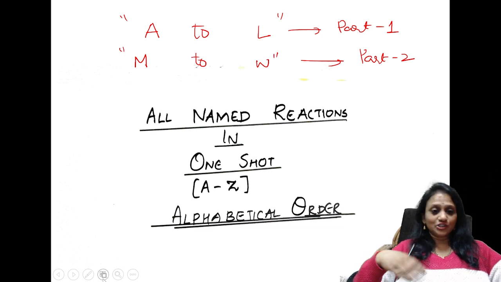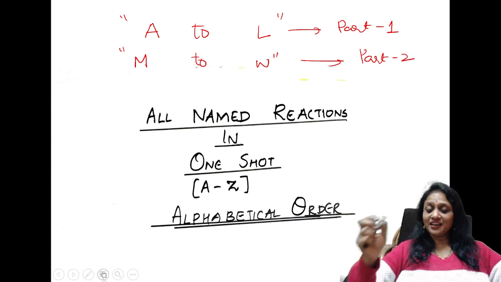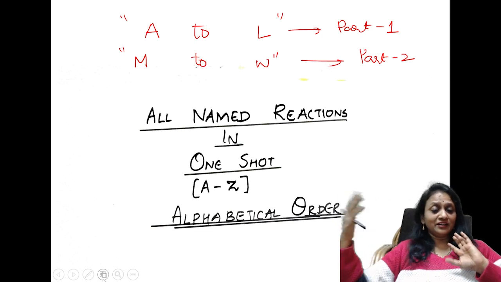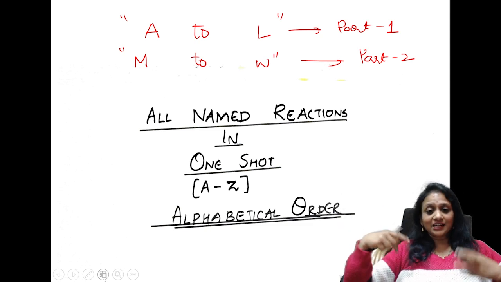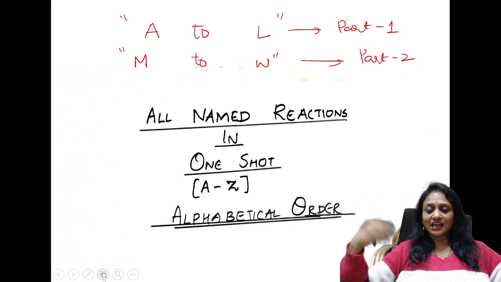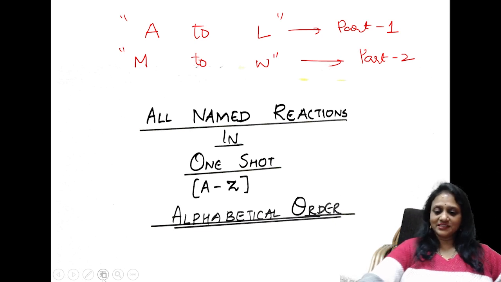So today we are going to learn M for monkey, N for, if an N name reaction is there, I think there is none, P for parrot, like that. I'll be giving out a list of name reactions. I hope the earlier video was very useful for you all. Let's start off with the session.